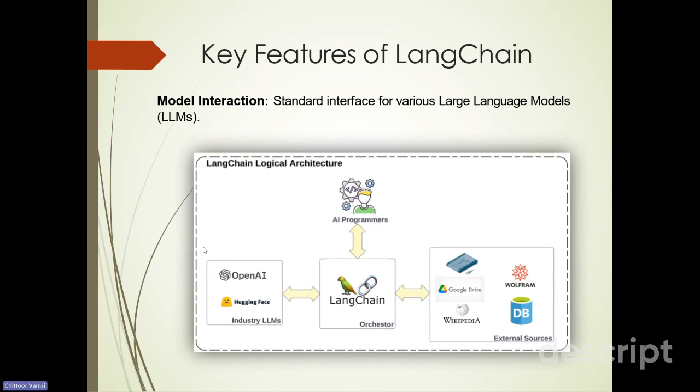So it's a standard interface, and because it is standard, there is consistency between the different applications built around LangChain, and everyone can replicate the same application outputs and level of quality. LangChain also coordinates between the large language models and external data sources, like Google Drive, Wikipedia databases, or even files.